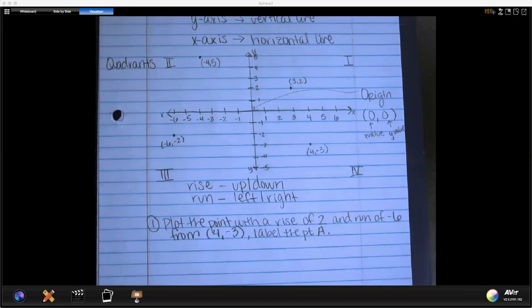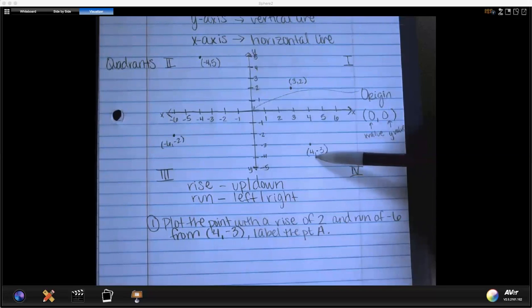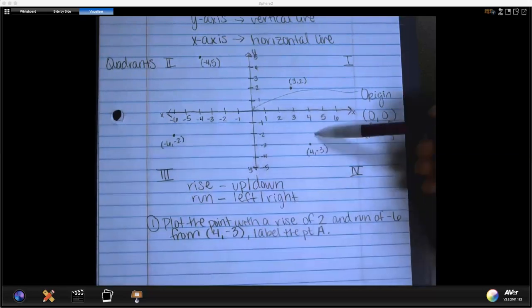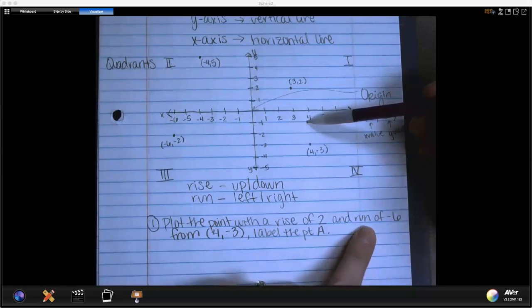Okay. So we're going to look at this point, 4, -3 right here, and we're going to rise 2. So what does that mean? We're going to go what direction? Up 2. Now you can just use the end of your pencil. Don't mark anything. Just use it as a guide to count up and down. So we're going to go up 1, 2. So what Y value am I at now? -1. Good. But now I still need to run. I don't want to mark anything yet.